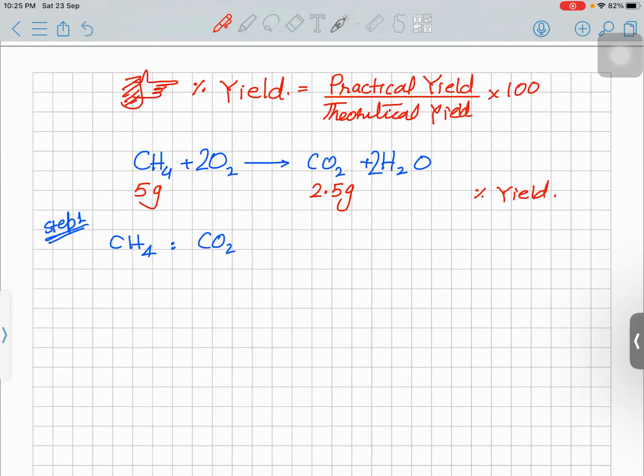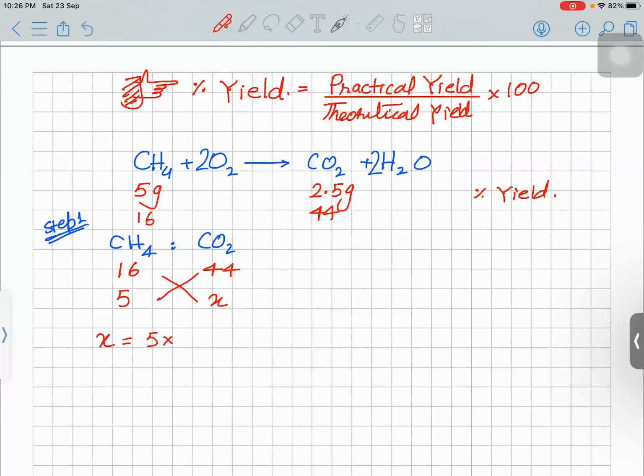Because to find the moles. MR of CH4 is 16 and MR of carbon dioxide is 44. You can write here 16. You can write here 44. So 5 gram is written. X is required.